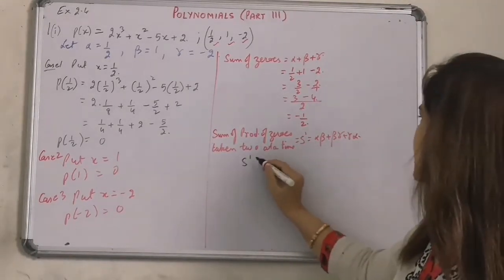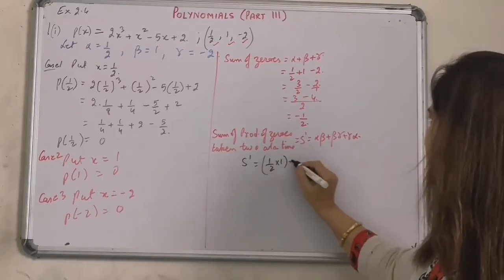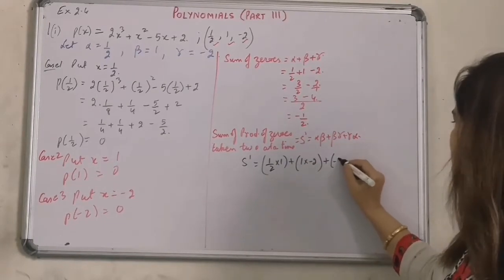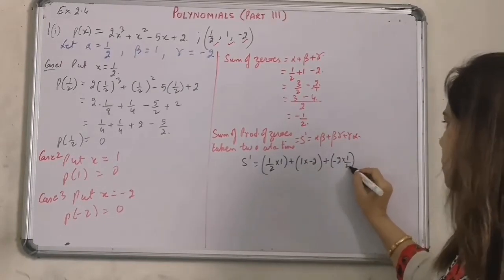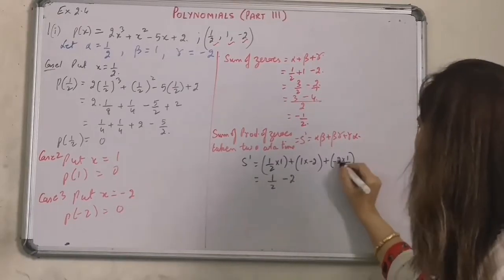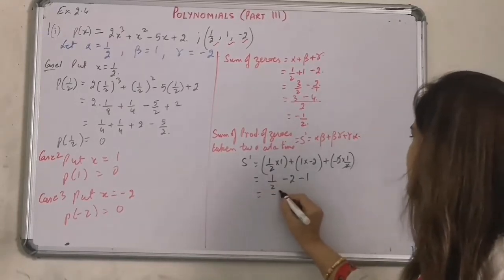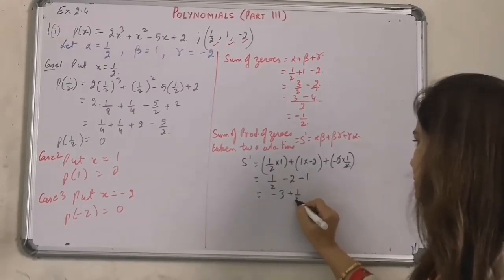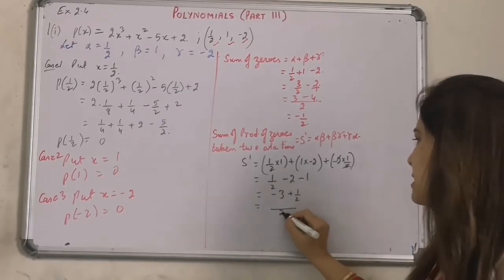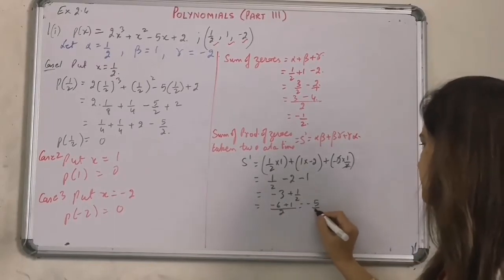So S dash is equal to alpha into beta, half into 1, plus 1 into minus 2 plus minus 2 into 1 by 2. What do we get? We get half minus 2 minus 1. So this is minus 3 plus half. As you can see, 2 is the LCM. This is minus 5 by 2.